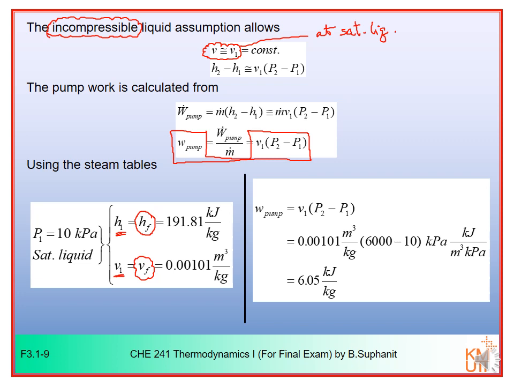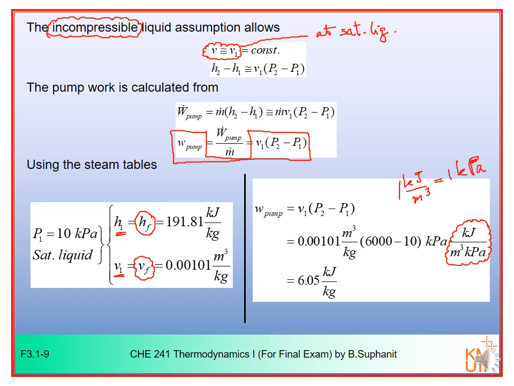Now in this case, we have an important conversion factor, which is 1 kilojoule per cubic meter equal to 1 kilopascal.